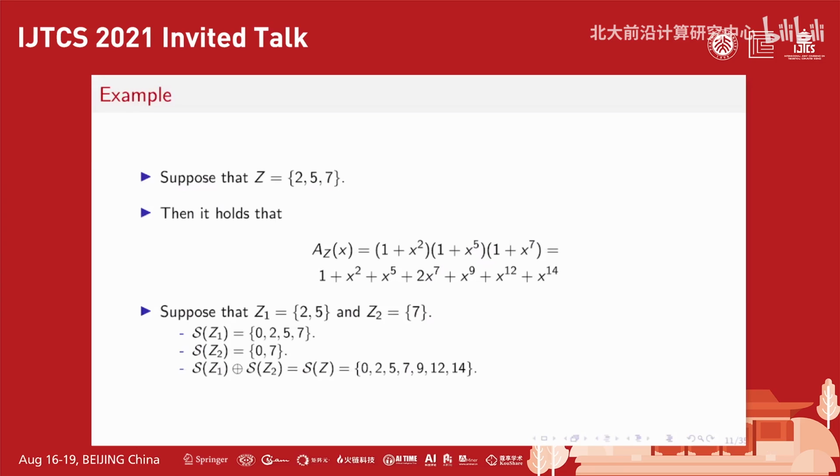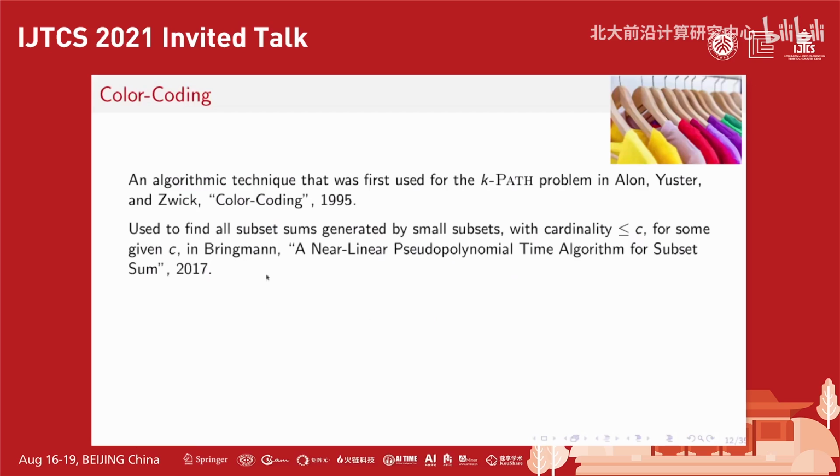Additionally, we also see that if we have the set of subset sums for Z1 and Z2, we can construct the set of subset sums for our initial set Z by performing a pairwise sum operation between those two sets. Now, we will use a technique called color coding.